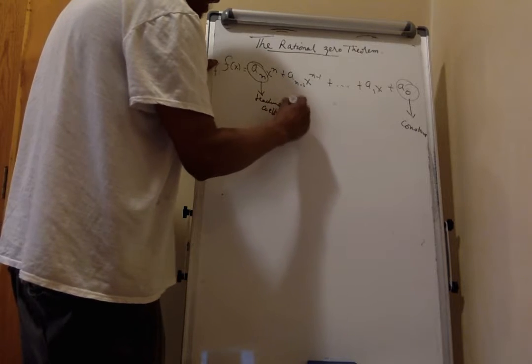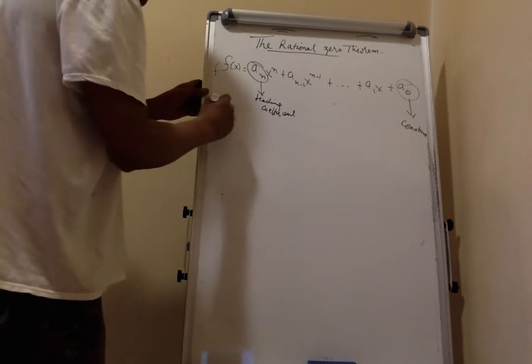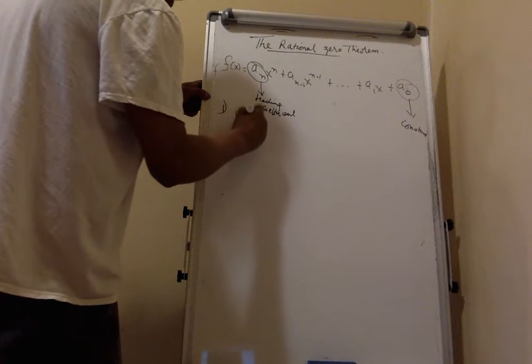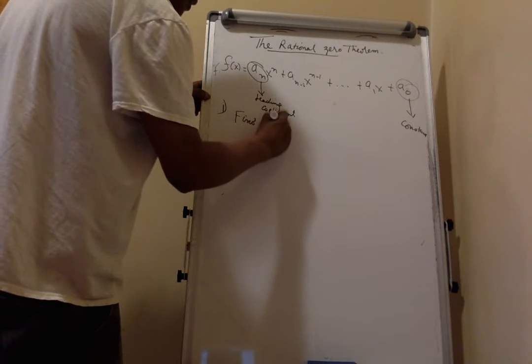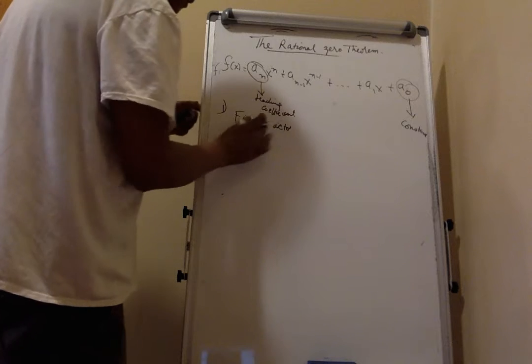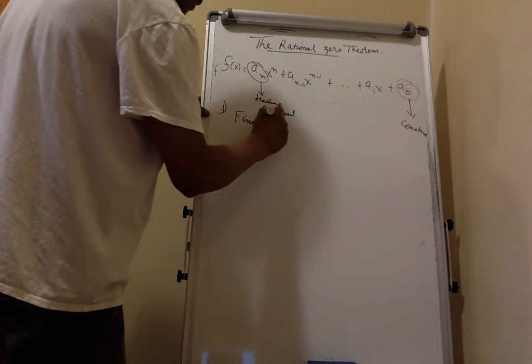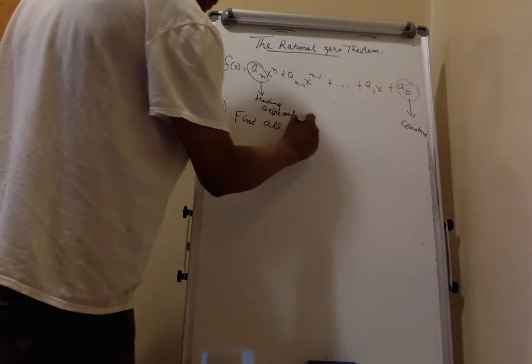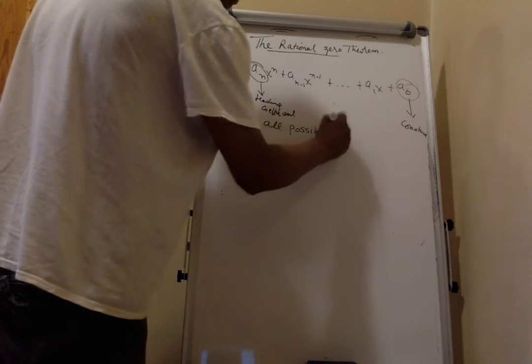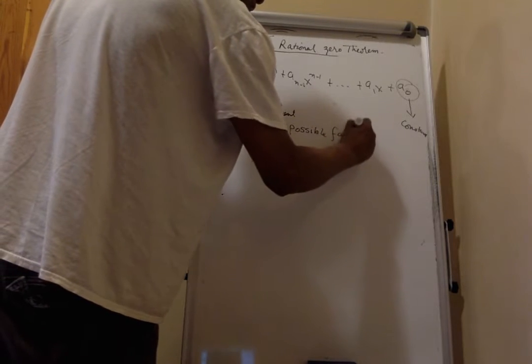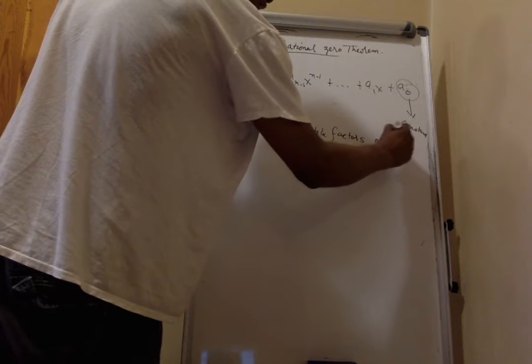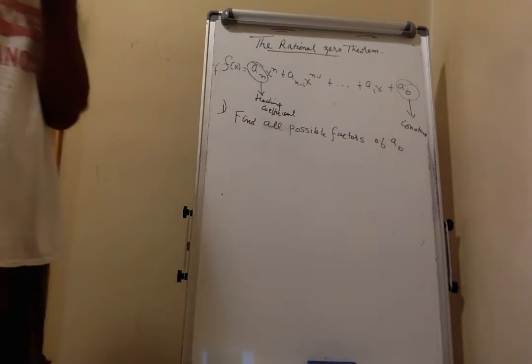So the theorem is not that difficult. What it tells you is, first find all possible factors of a_0, meaning our constant term.